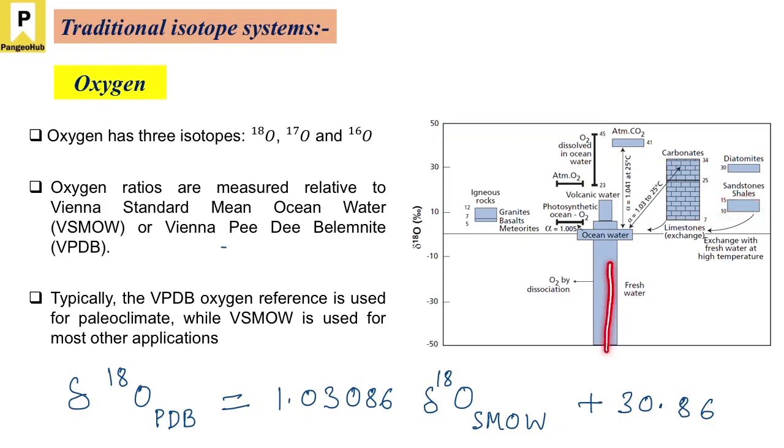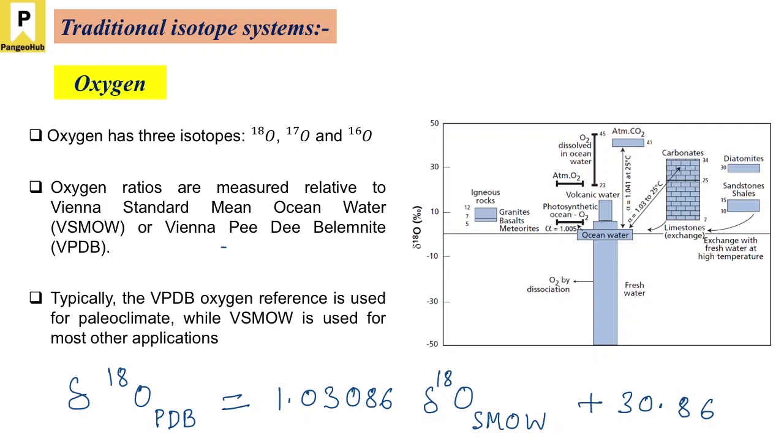Then there is a huge range for fresh waters. Then there is a very narrow range, near zero, for oceanic waters, because VSMOW is nothing but a mix of various oceanic waters, so it generally lies close to ocean water. The atmospheric carbon dioxide is around here, and the atmospheric oxygen is here. So as you can see, in various domains we can use oxygen isotopes.